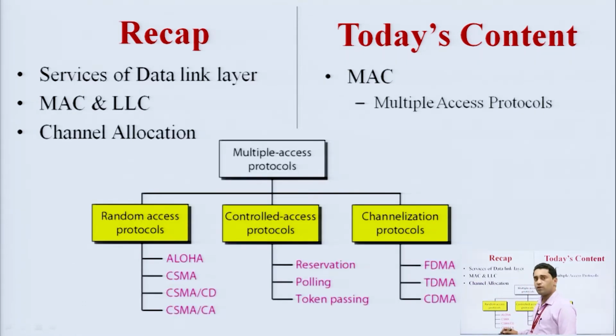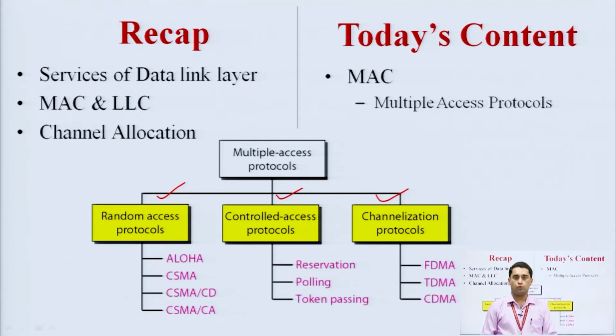These are the three major categories in the medium access protocols: random access, controlled access, and channelization protocols. Channelization protocols are those where we are channelizing the things with some rules.